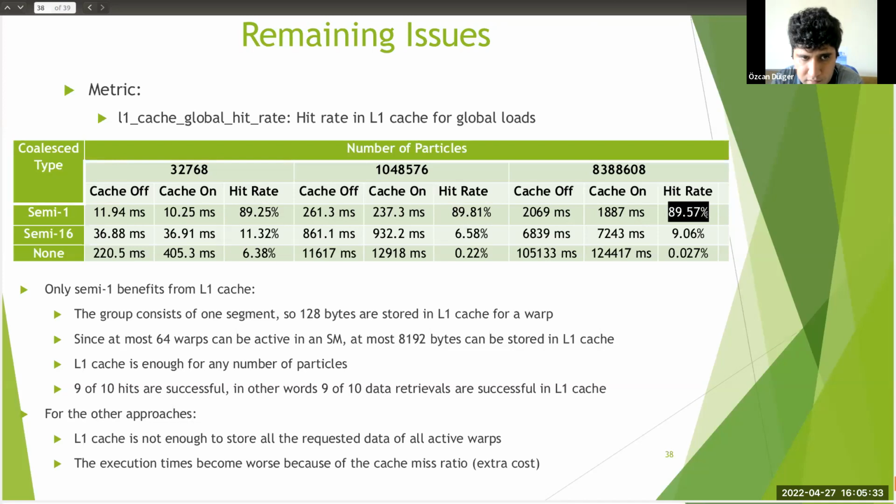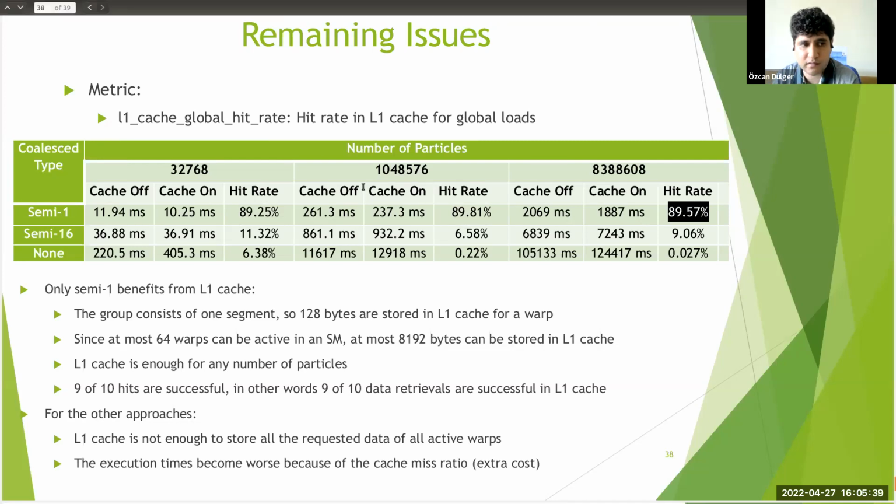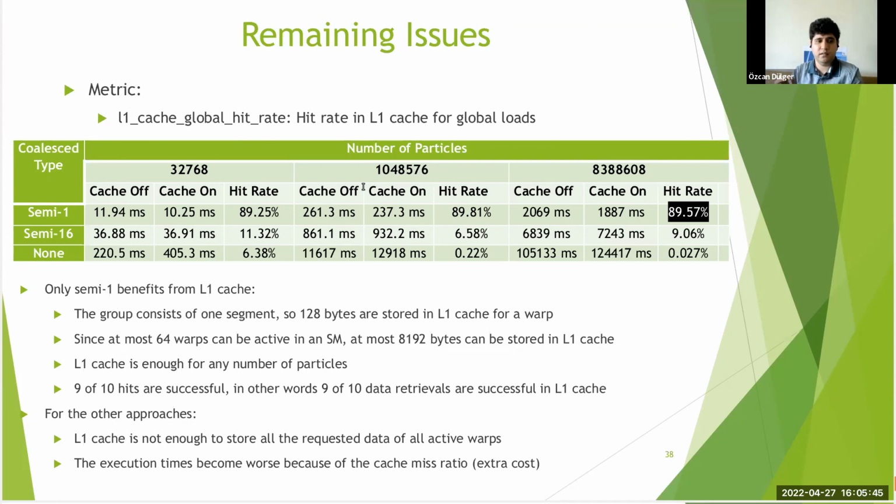So why does it remain the same at around 90%? Because in the fully coalesced approach, only one segment is used and the values are accessed through that single segment.